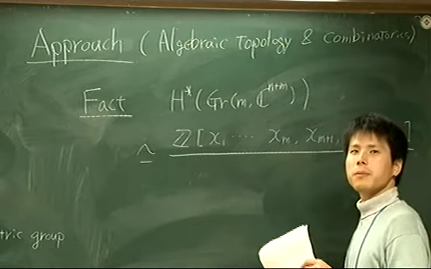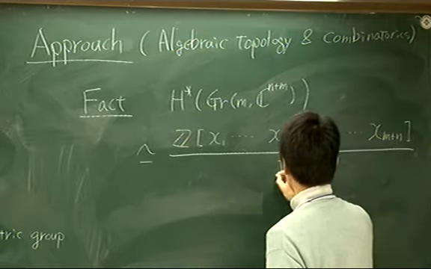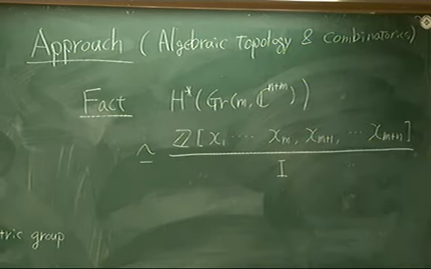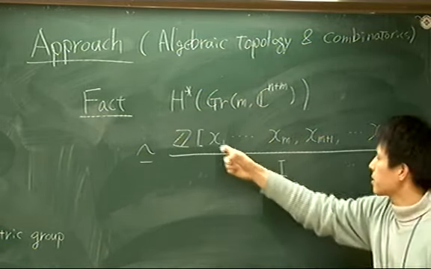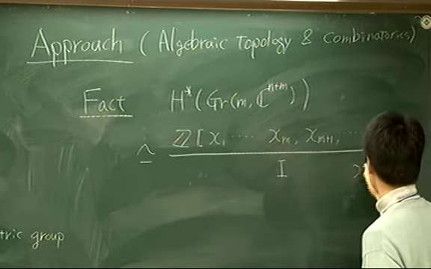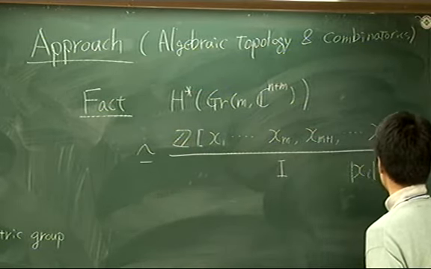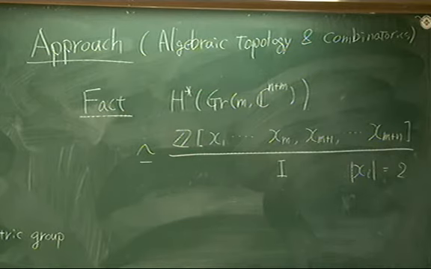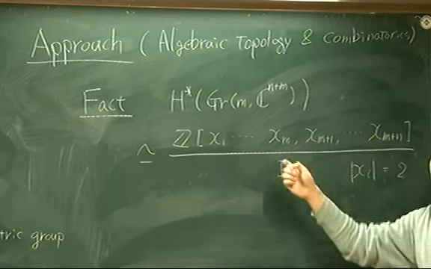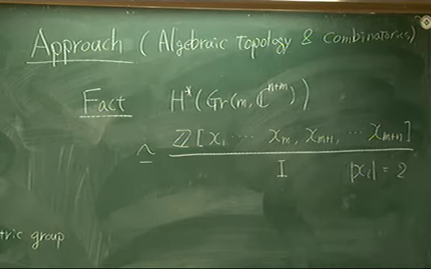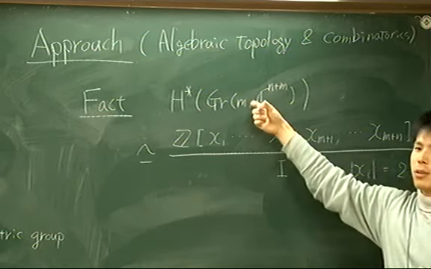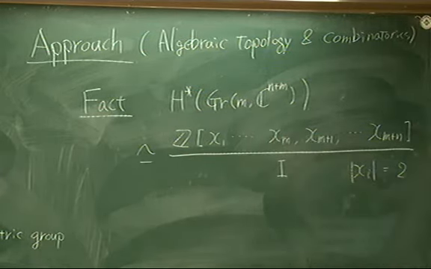Since I don't have much time, I omit the relation. The generator has dimension 2 and can be considered as the first Chern class of a line bundle, which appears in the decomposition of the tautological bundle over the Grassmannian.